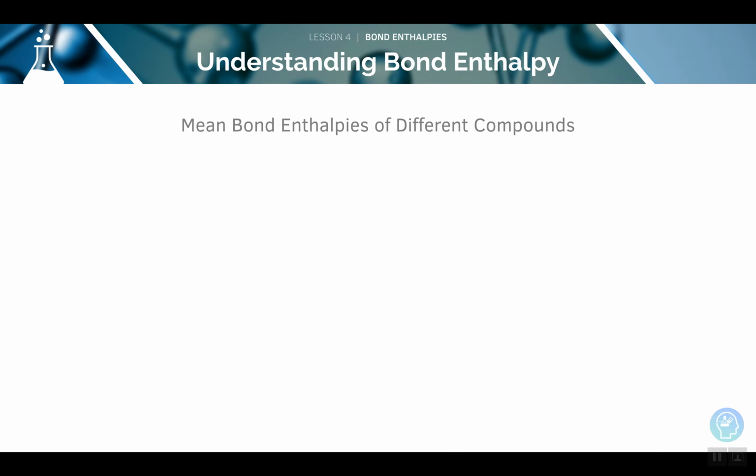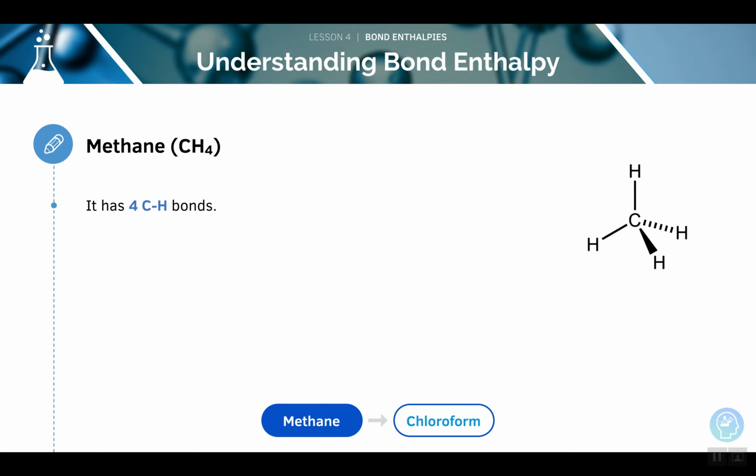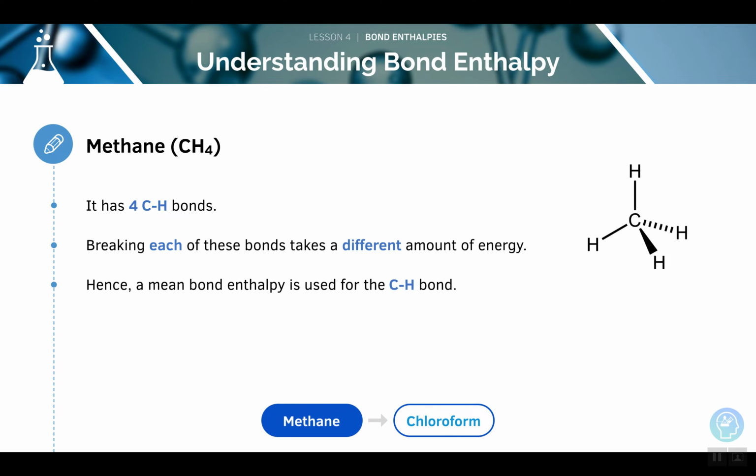Let's look at some mean bond enthalpies in different compounds. First, we will look at methane. Then, we will look at chloroform. If we consider the compound methane, CH4, it has 4 CH bonds. Breaking each of these bonds takes a different amount of energy.